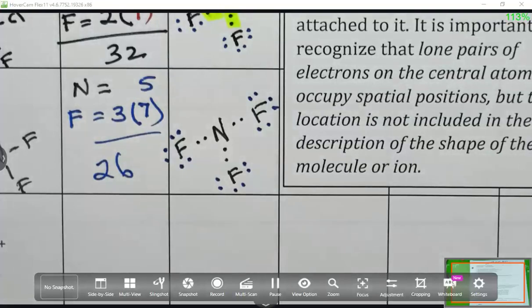Now, complete their octets, meaning each of those has 8 electrons around it, correct? It's sharing the 2 in the middle for the bond. Each has 8.